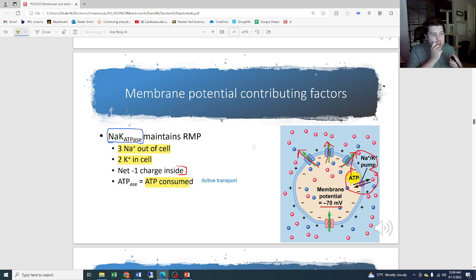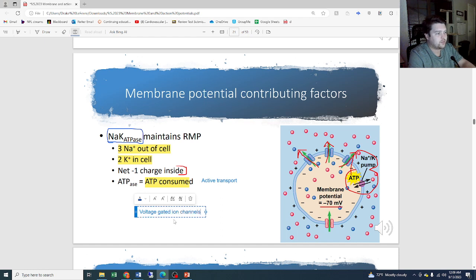And when we think about that, that's really what we want, because if we have some potassium leaking out and sodium coming in through those leaky channels and just through normal diffusion, then we're going to be losing that gradient. We want to make sure that we maintain that level that we need to, that -70, so that we don't get any accidental opening of those things we looked at earlier called voltage-gated ion channels.